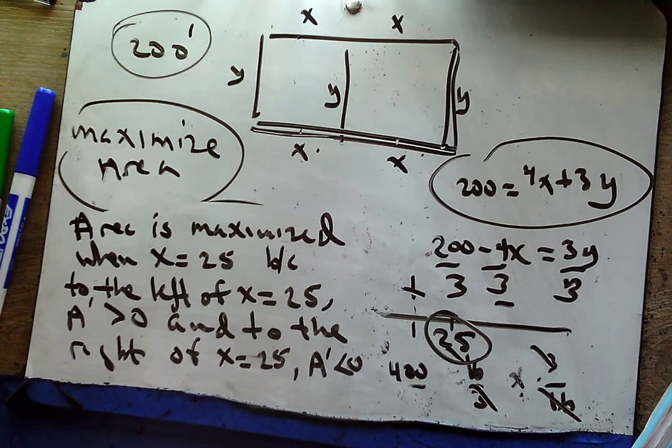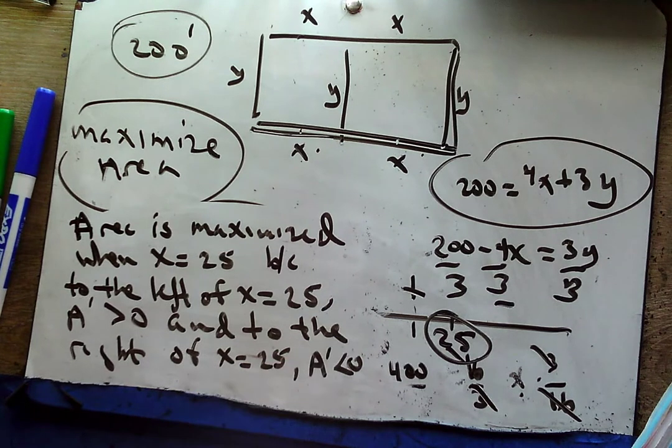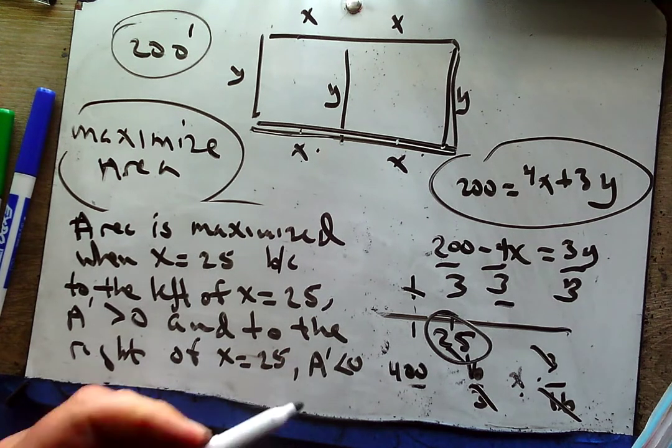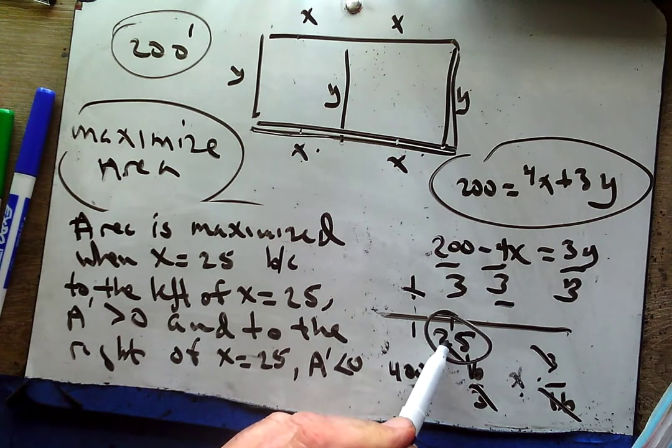Okay. What were they asking for here? They said, what's the maximum area? Okay, well, I don't know what the maximum area is yet. All I know is the x value that produces it.